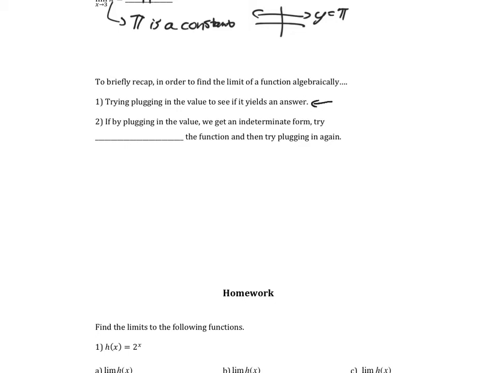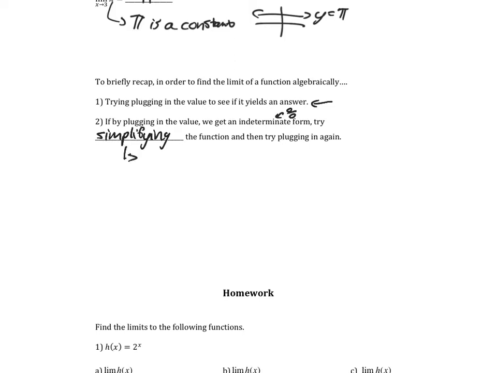Try plugging in first. Number 2, if by plugging in the value we get an indeterminate form, meaning 0 over 0, I would say try simplifying the function and then try plugging in again.